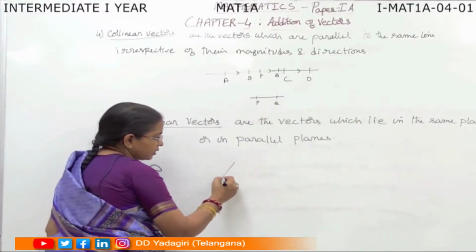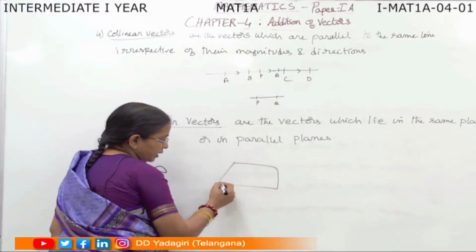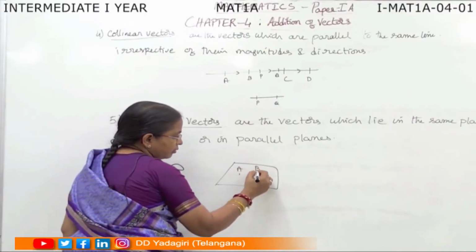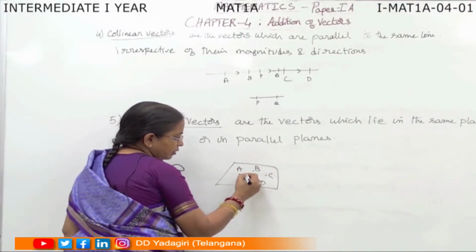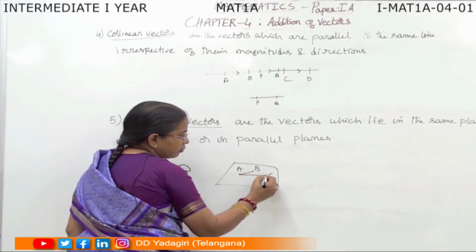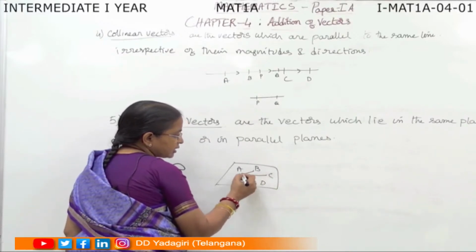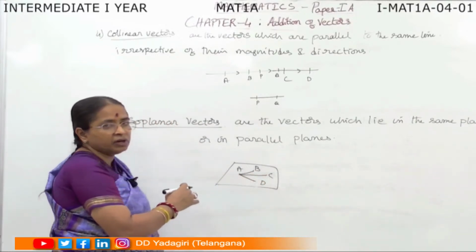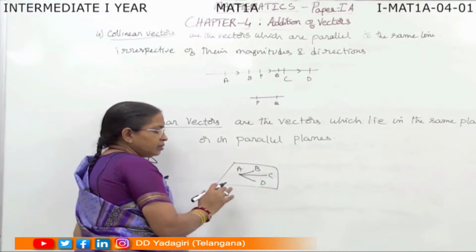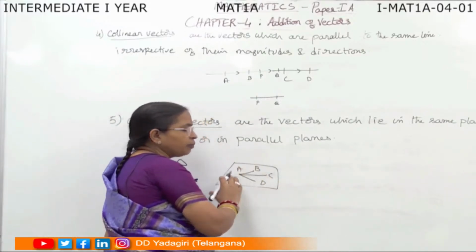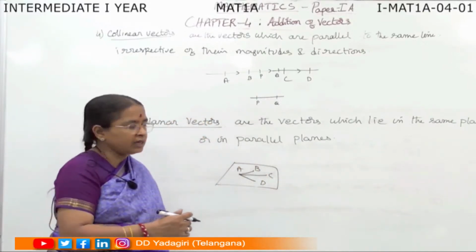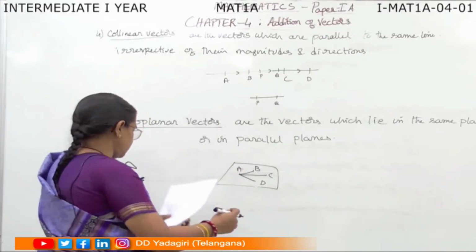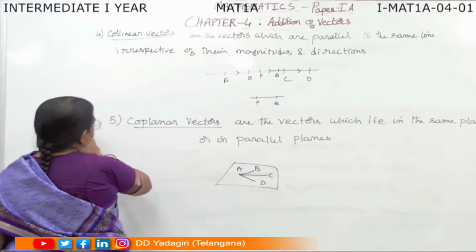Now suppose that there are 4 points, A, B, C, D. Now they can be proved as coplanar if the vectors AB, AC, AD are coplanar. So we'll use this concept in solving the problems. The 4 points are coplanar if the 3 vectors AB, AC, AD are coplanar. So this is about coplanar vectors.